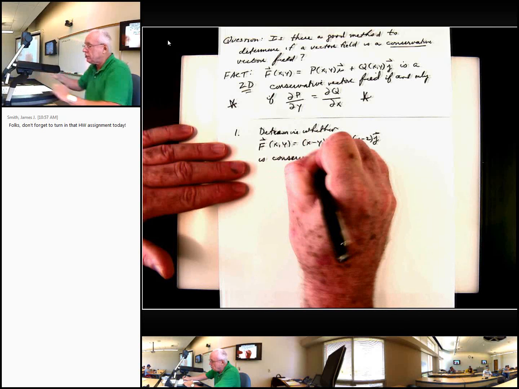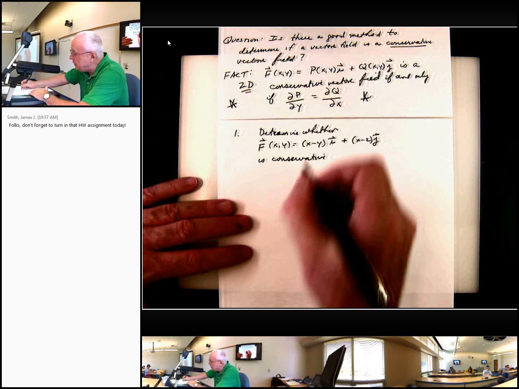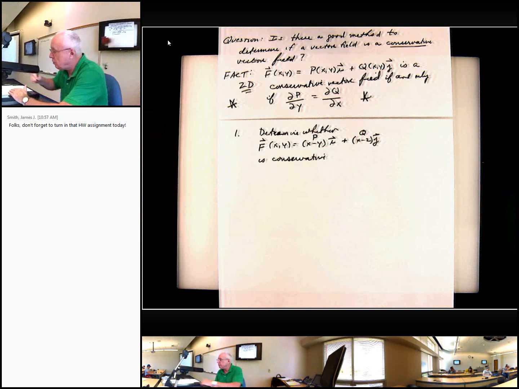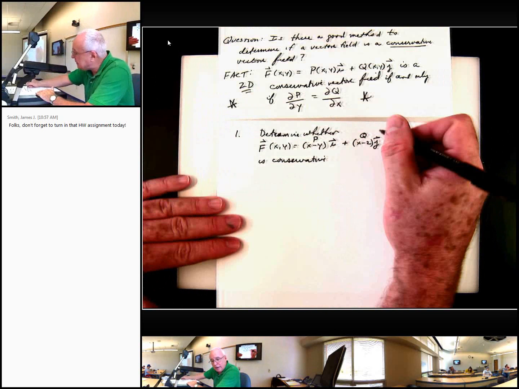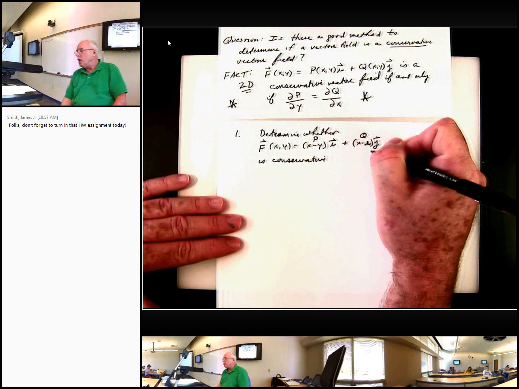Okay, so the first one is our P function. The second one there is our Q function. No, I'm sorry. This one here, it should be a 2, x minus 2, sorry.